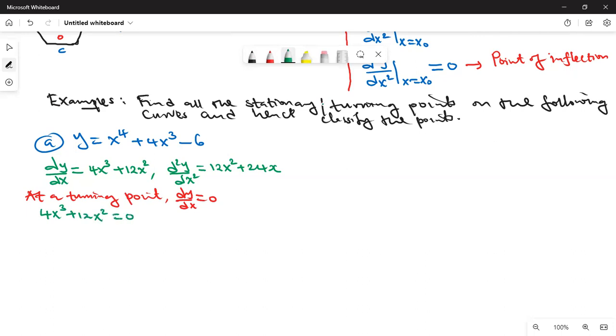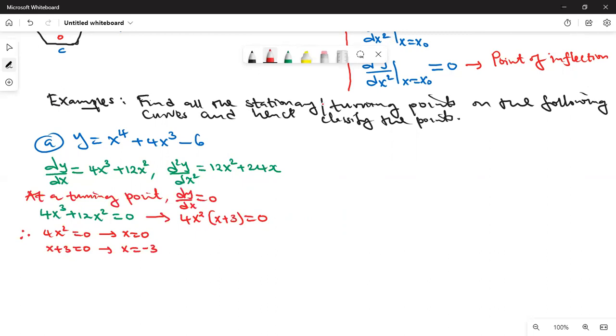And I can factorize this one because I can see 4x squared is common: 4x squared times (x plus 3) is equal to 0. Therefore 4x squared is 0, which will give you x is 0, or x plus 3 is 0, which will give you x is negative 3.